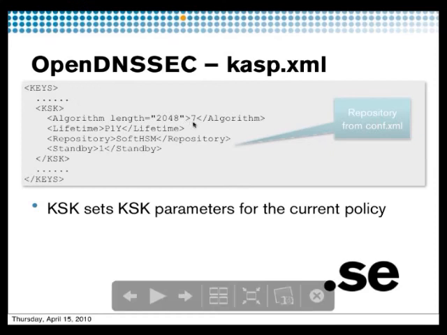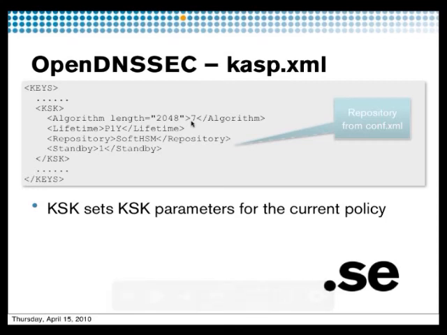But you can find these values either in the documentation or online in different places. I think IANA has a text file which specifies what algorithms you can use. But we currently don't support DSA, so we only support RSA SHA-1, 256, and 512.